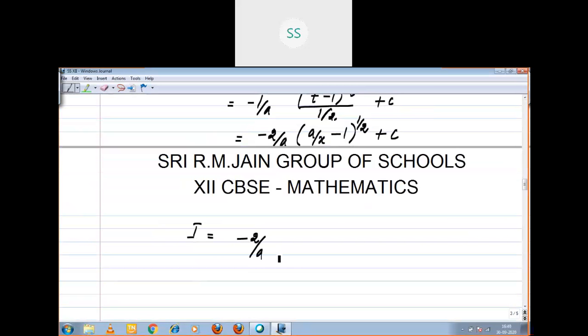Integral x power n dx equal to x power n plus 1 divided by n plus 1 plus c.